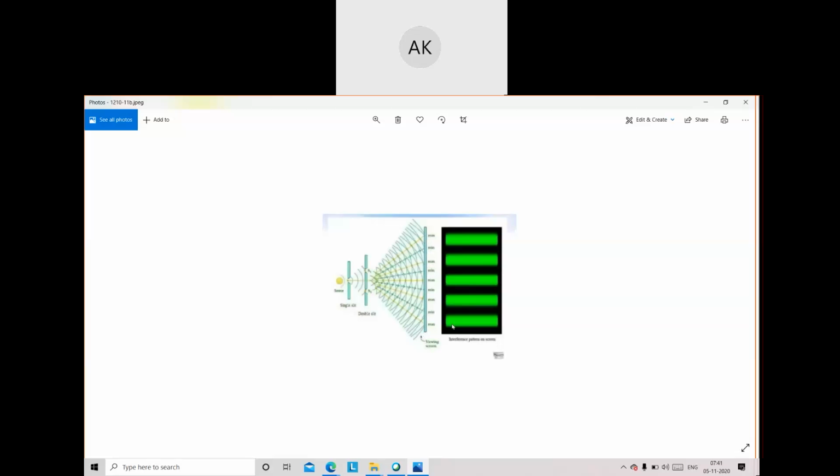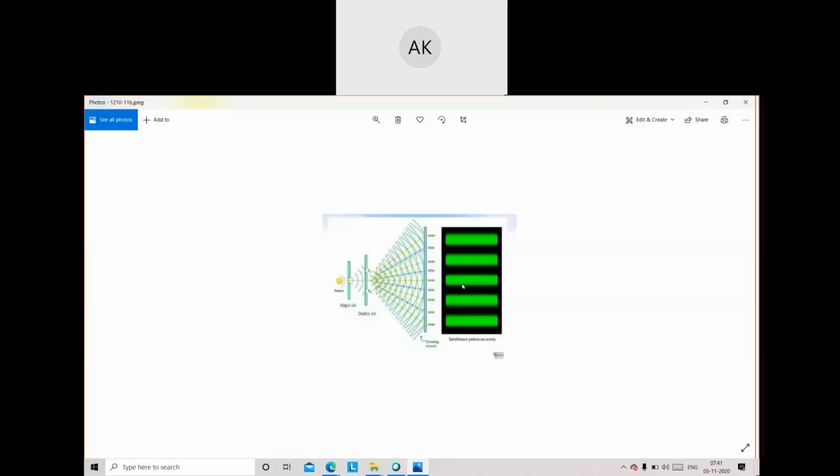Bright and dark fringes are obtained. The central one is always bright. This is the central line. We get the central bright fringe, then the next dark fringe, the next bright fringe, like that. Here also dark and bright fringes are obtained on the screen. This is the interference pattern.